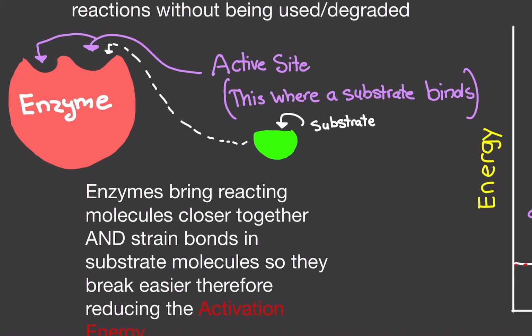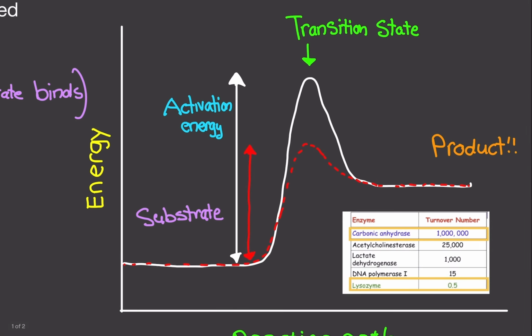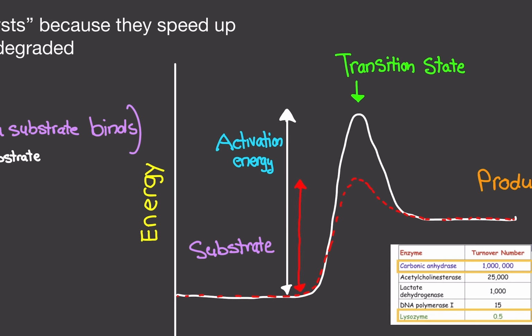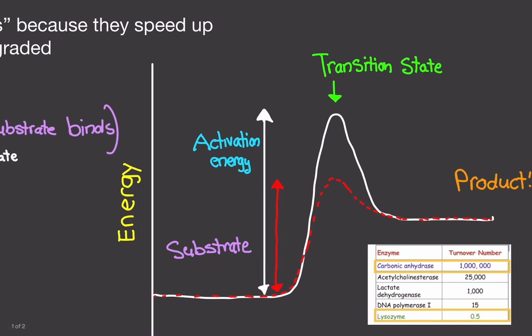It also brings molecules closer together, so areas of the molecules come closer together and they react. Our goal is to start out with a substrate and get to a product, a brand new molecule.